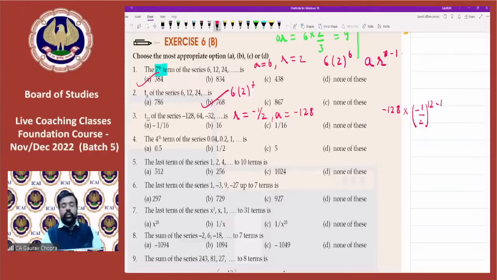So 12 minus 1. 128 can be written as 2 to the power of 7, and then minus 1 by 2 to the power of 11. Let us do some cancellations and get the result. Let's see who is giving the answers.